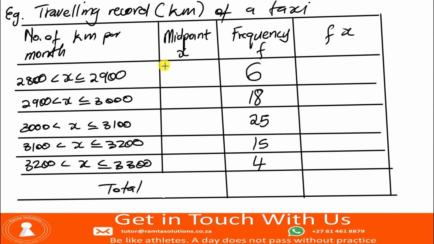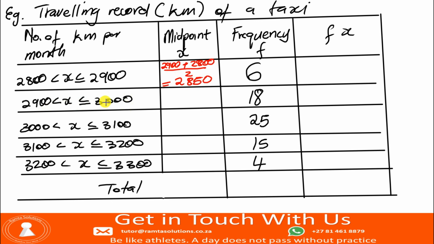It is basically 2,900 plus 2,800 divided by 2. What is your answer? Let me quickly take out my calculator. This is 5,700, I believe. 5,700 divided by 2. Yes, it's 5,700. So this is 2,850. That's our midpoint.